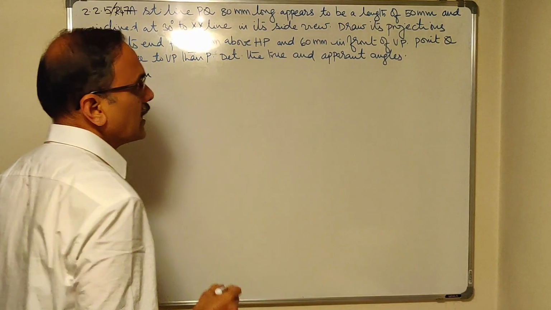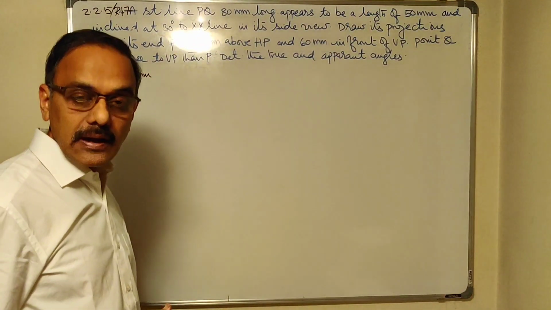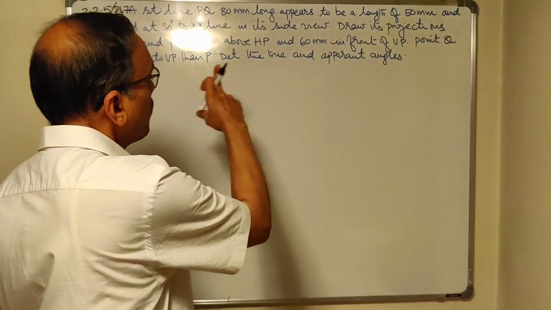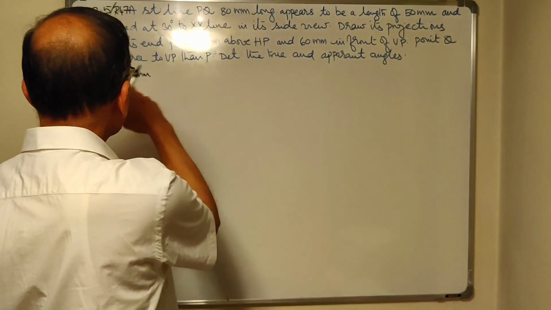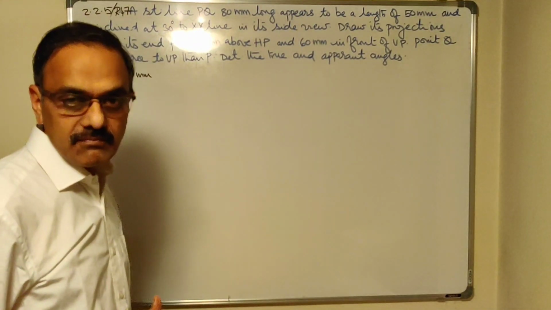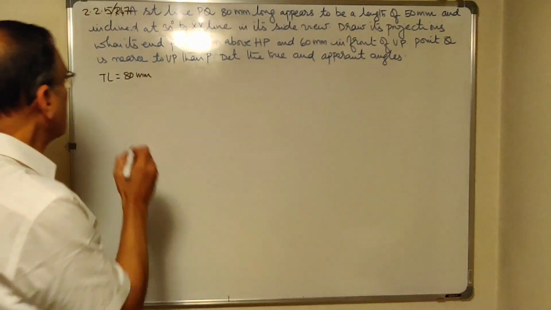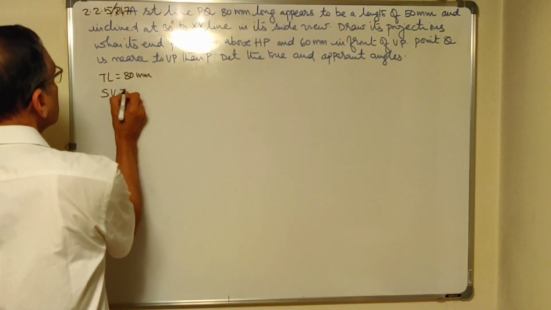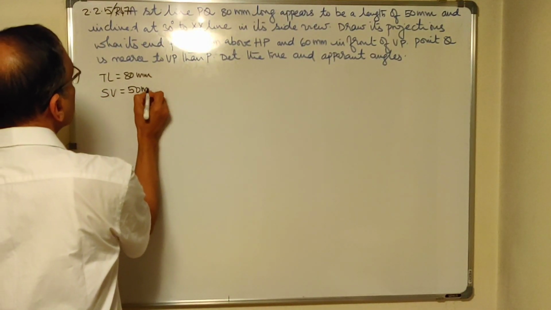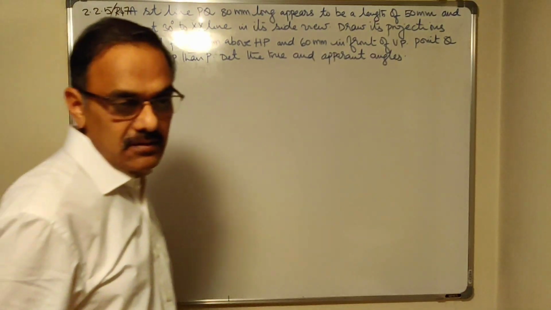Appears to be a length of 50 mm. Appears to be means it is the apparent length. Appears to be a length of 50 mm and inclined at 30 degrees to XY line in its side view. So the length of the side view is given as 50 mm, and its angle is also given, 30 degrees.